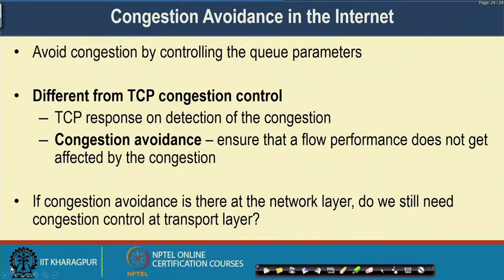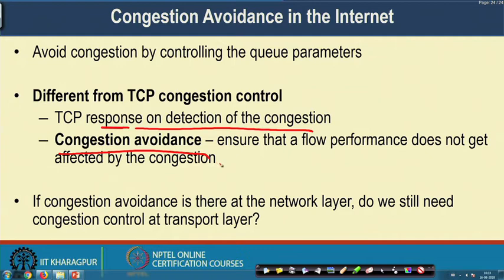TCP detects congestion based on packet loss, and whenever congestion is detected, it ensures that flow performance does not get affected by the congestion, and it tries to reduce the sending rate. So, the congestion avoidance that we are talking about in the perspective of the internet is different from TCP congestion control. We are not actually controlling congestion, rather we are avoiding congestion.